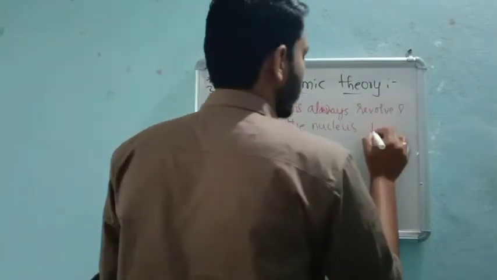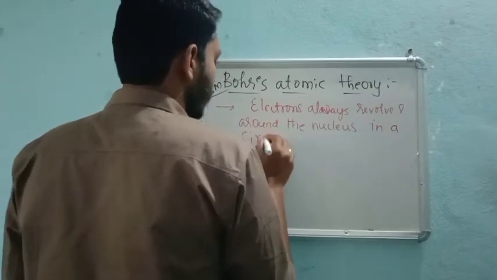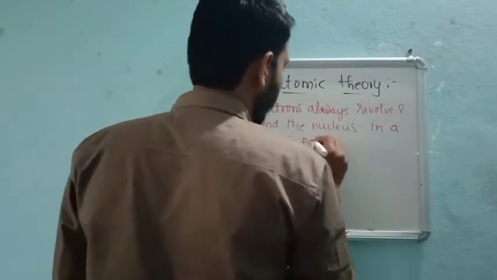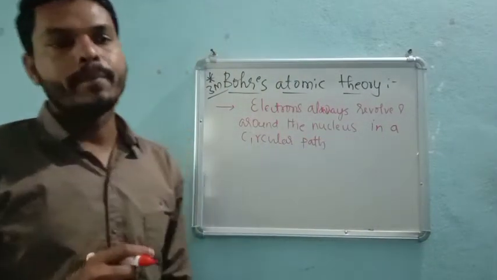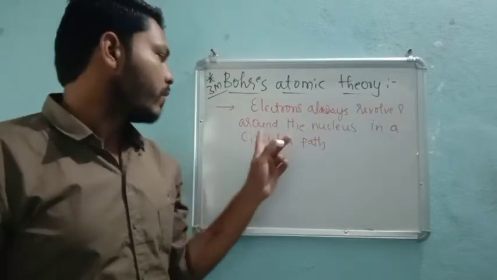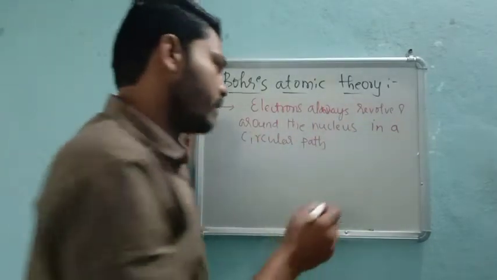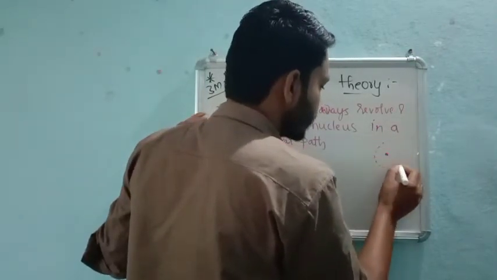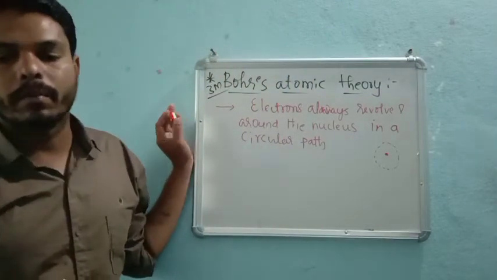The first consideration with respect to Bohr is that he explained the electron: electrons always revolve around the nucleus in a circular path. There must be a nucleus, and the electron always revolves in a circular path.